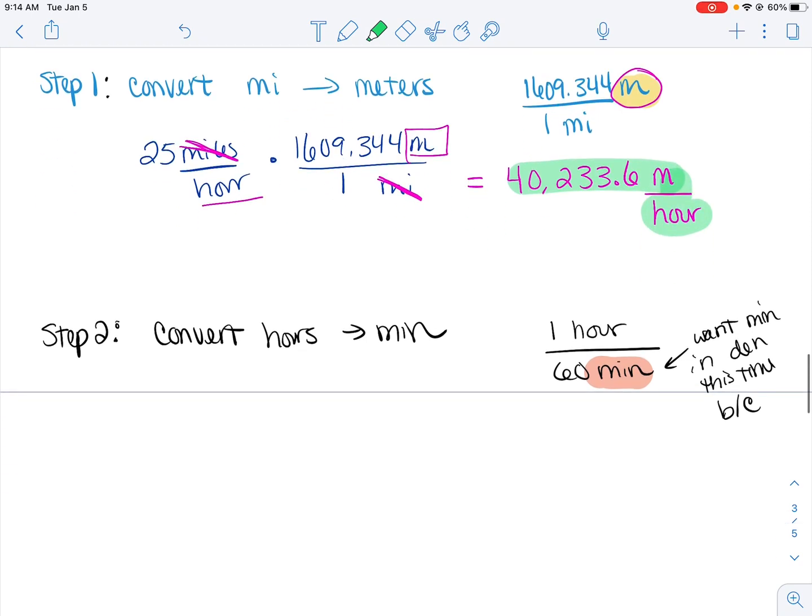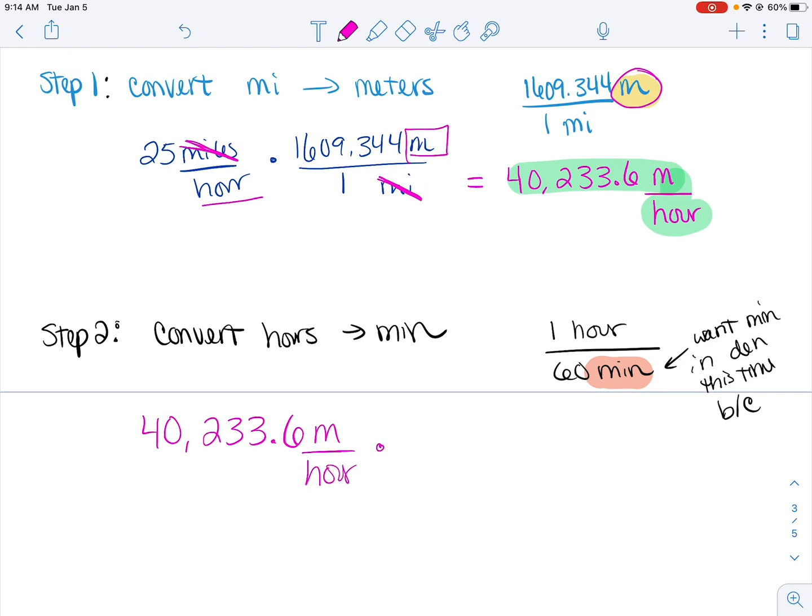All right, now we're going to take this answer that we got, and we're going to use that in the next problem. Okay, now I need to convert these hours into minutes, and because I want to change the denominator, when I make my conversion factor, I want to put what I want to end up with, so minutes, in the denominator. All right, so we start with 40,233.6 meters per hour, right?